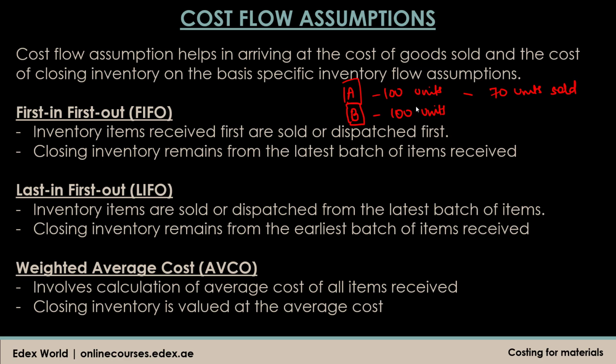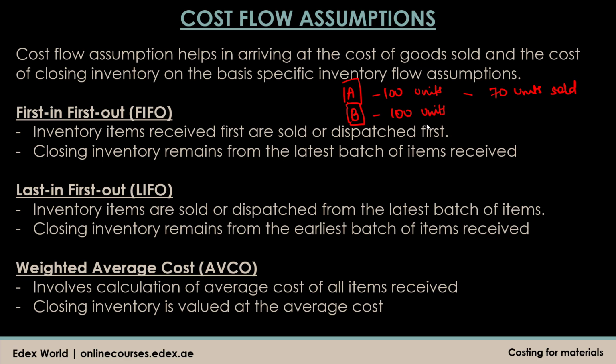So we'll discuss three of these cost flow assumptions. The first one is called first in, first out. In short, you can call it FIFO. In FIFO, the assumption is that items that are received first will be sold, issued or dispatched first.